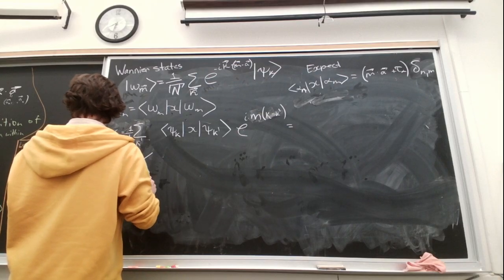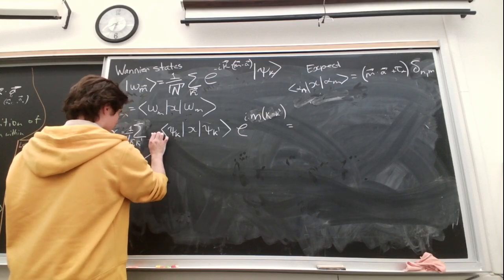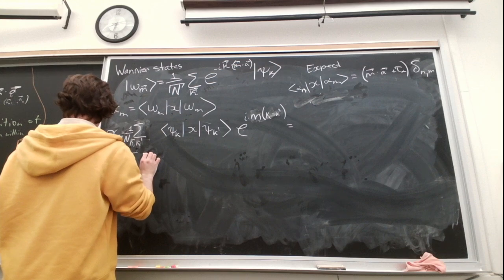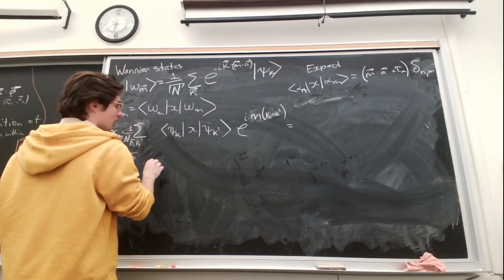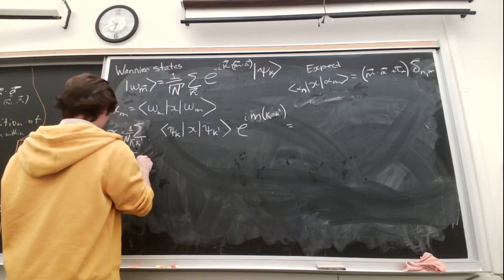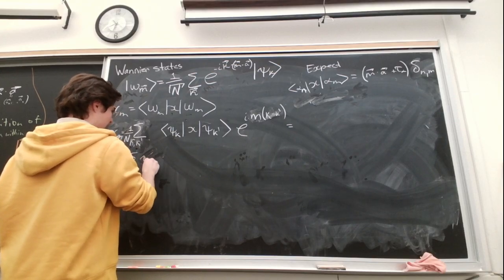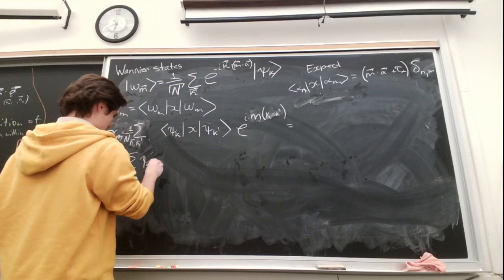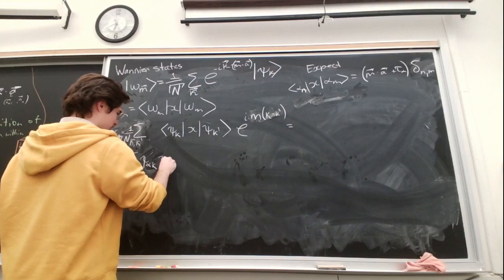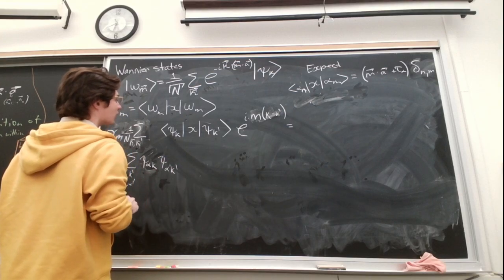Good. So I have psi of alpha k, psi of alpha prime k prime.